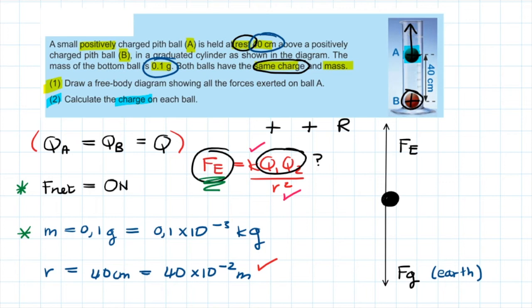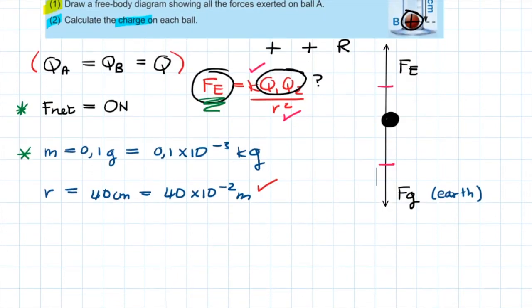And since we only have two forces acting on ball A, the electrostatic force is going to be equal but opposite in direction to the gravitational force. So we can calculate Fe by saying the net force is equal to 0. Therefore, Fe is equal to the gravitational force.